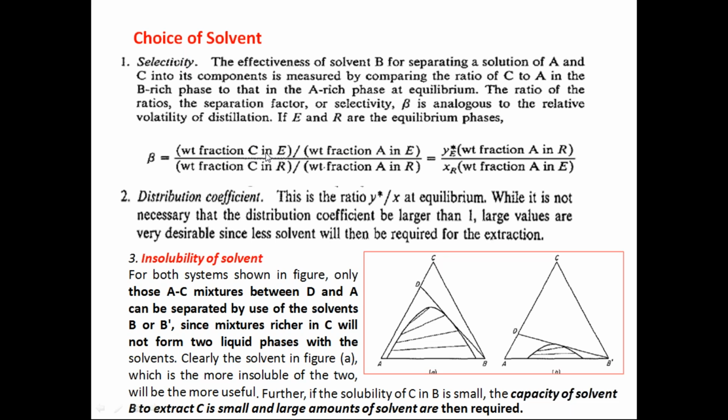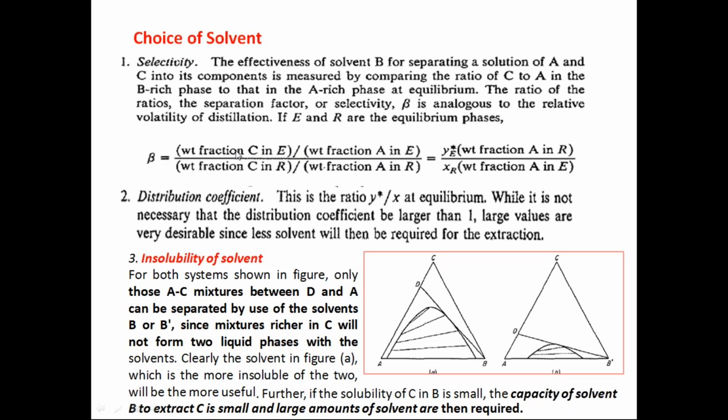So weight fraction of C in E divided by weight fraction of A in E, and the whole divided by weight fraction of C in raffinate and weight fraction of A in raffinate. So this is pertaining to the extract phase, and this is pertaining to the raffinate phase.